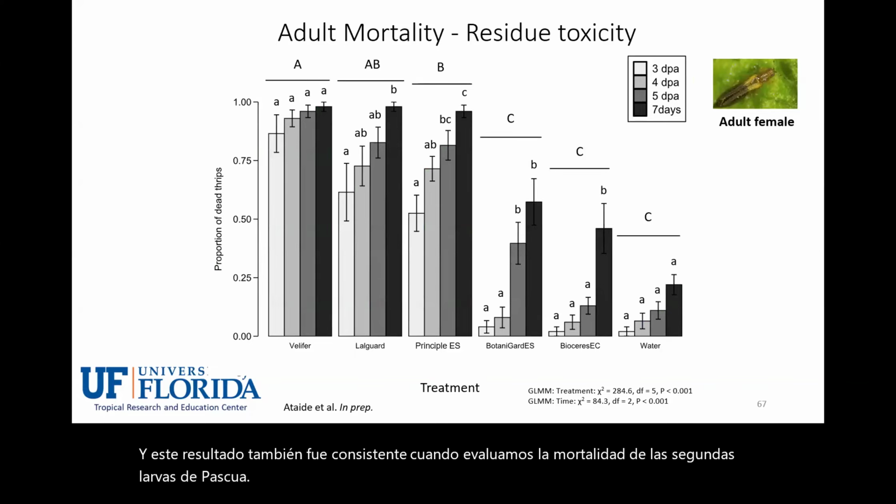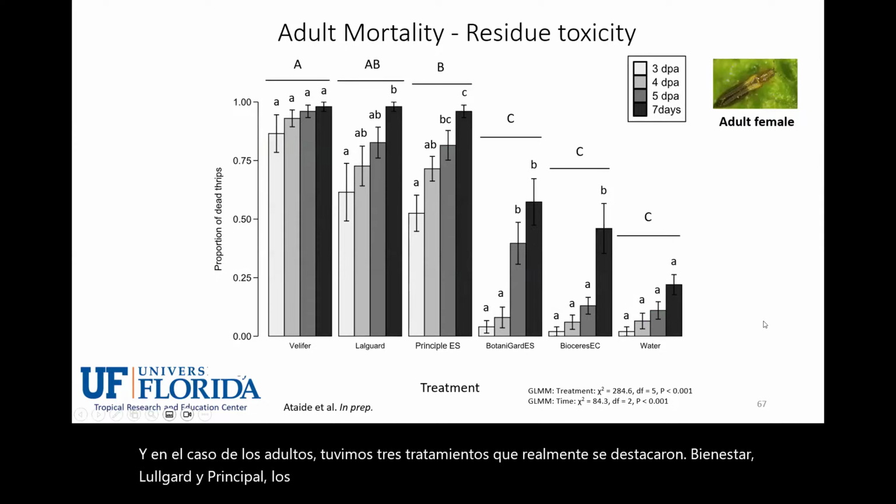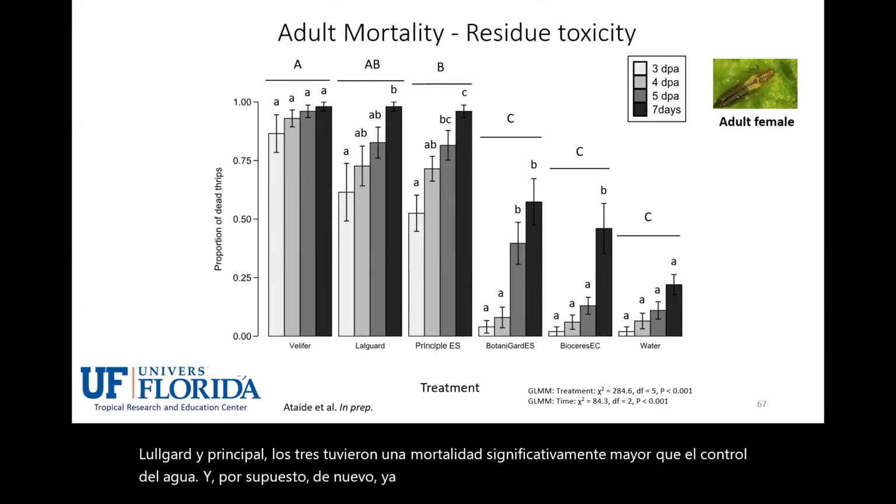And in the case of adults, we had 3 treatments that really stood out: Velifer, Lalgard, and Principal. All 3 of them caused significantly higher mortality than the water control. And of course, again, the longer we assessed Thrips mortality, the higher the mortality that we would score.